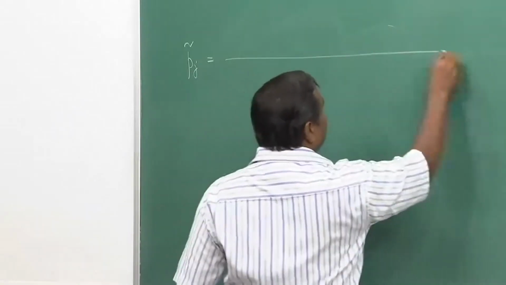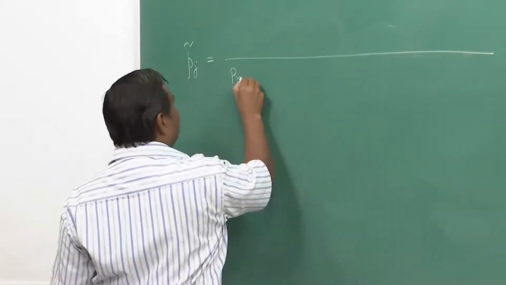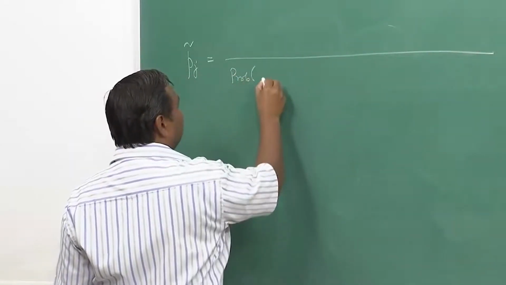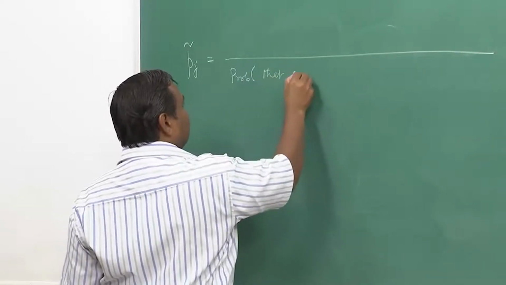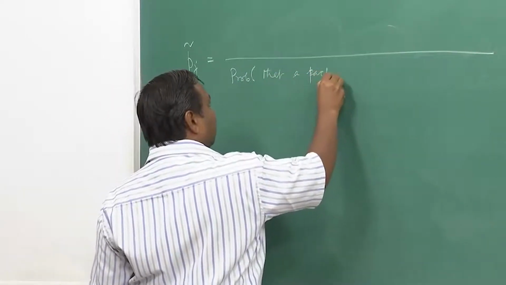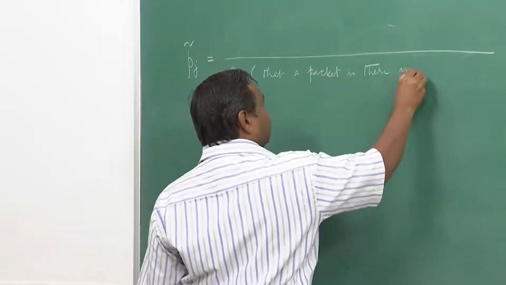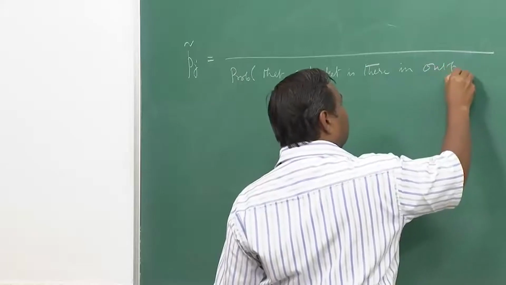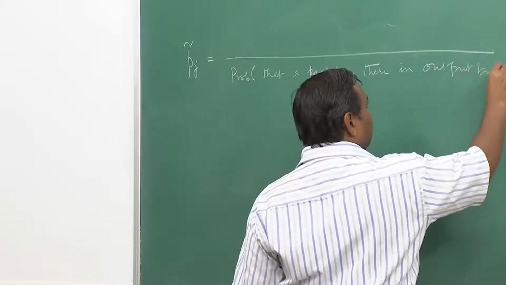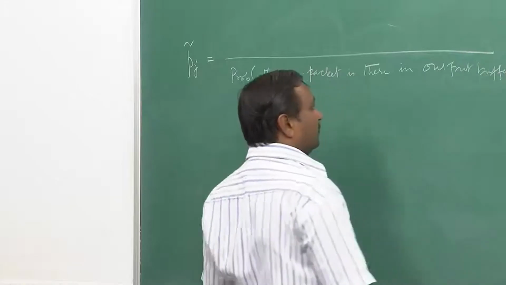So, I need to find out the probability first of all, because it is a conditional probability that a packet is there in the output buffer. Okay.